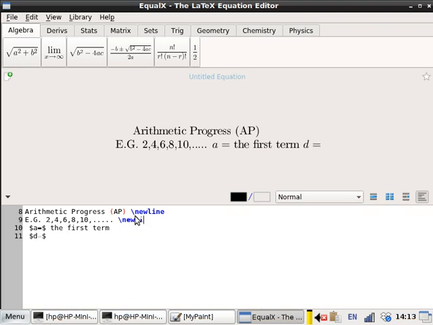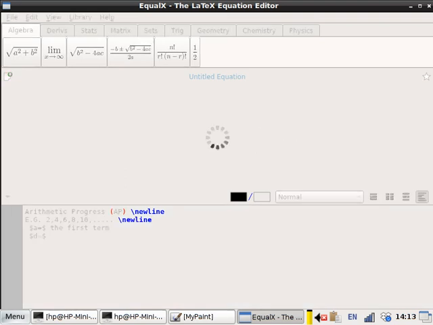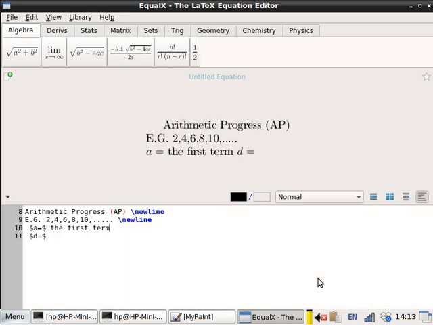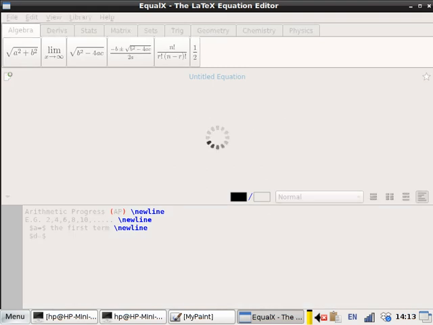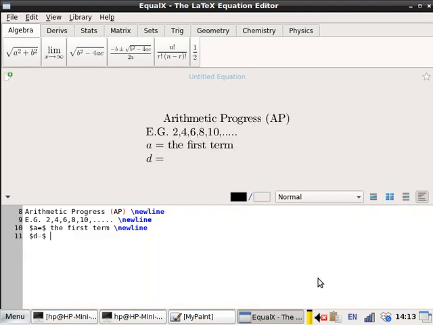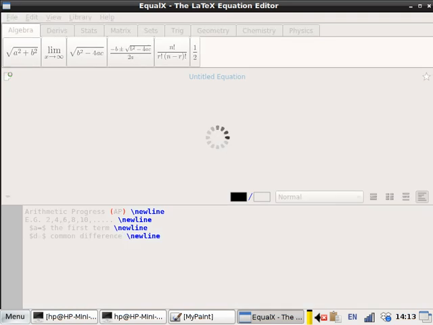Sorry, I didn't realize we weren't going on new lines. Does anyone know the name of the D? Very good. And this is the number that you add each time, the common difference.